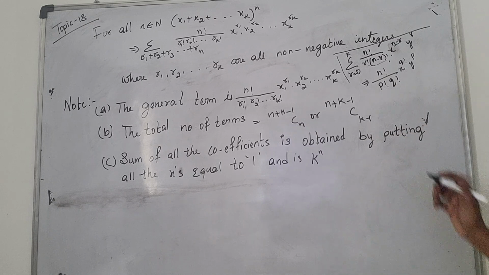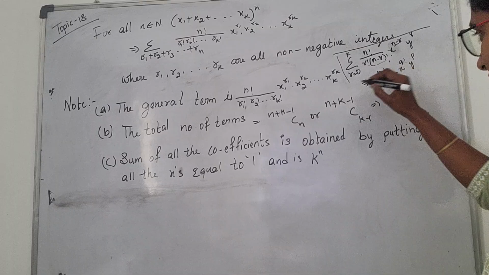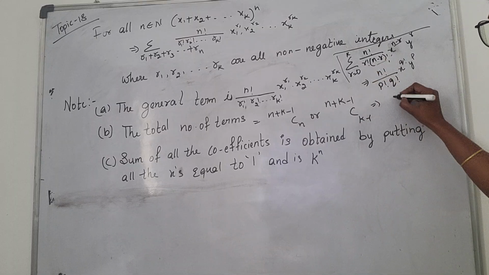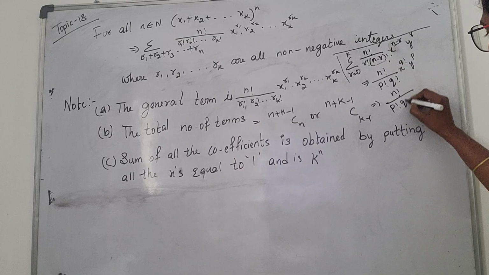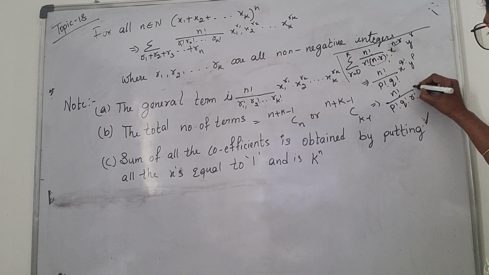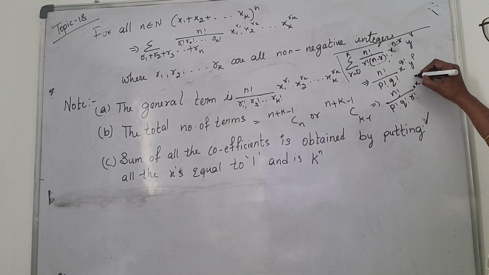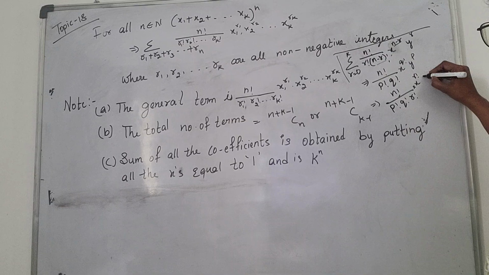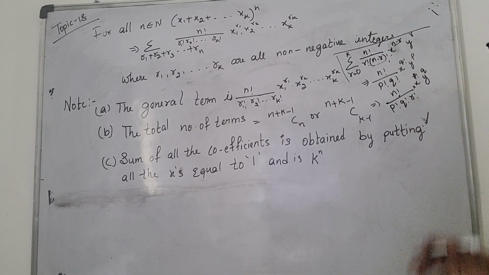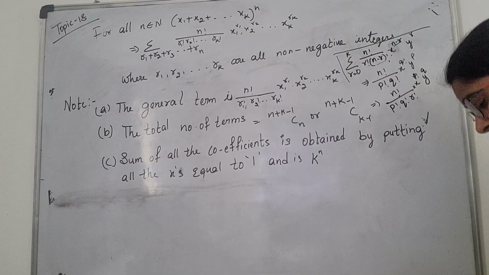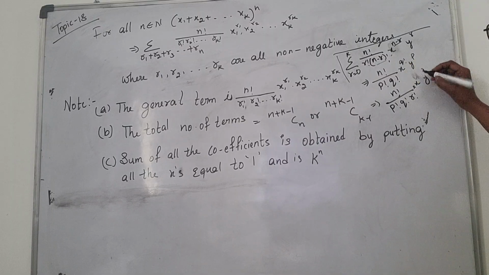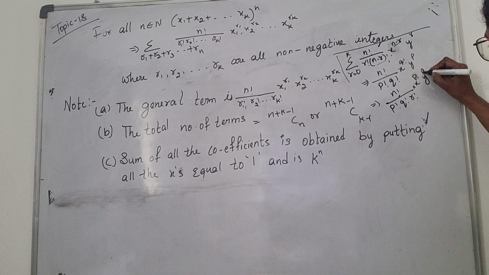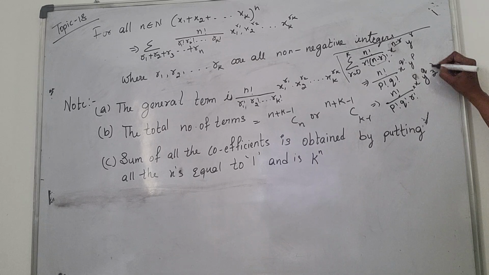So that's what here, if I have 3 terms, this is only the 2 terms format. If I have 3 terms, can I write it like n factorial by p factorial, q factorial and r factorial, into x power of p, y power of q, and z power of r.